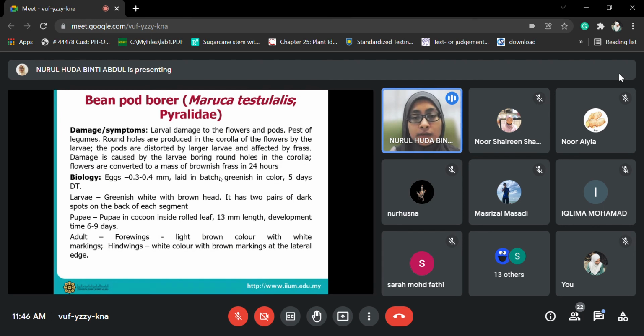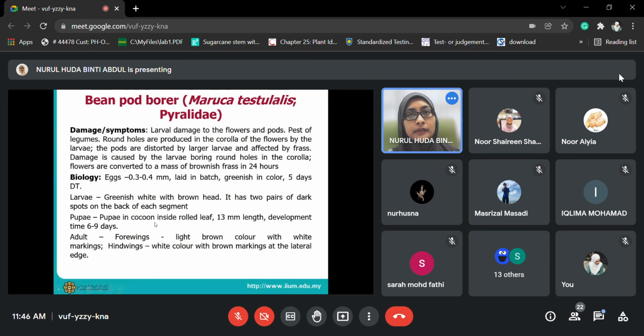Okay, it depend on the size of the bean pod as well. And larvae greenish white with brown head, 2 pairs of dark spot on the back of each segment. So kamu nampak dekat bahagian atas badan, setiap segmen badan ada 2 spot, kiri dan kanan. Okay, and then pupae in cocoon inside roll leaf.